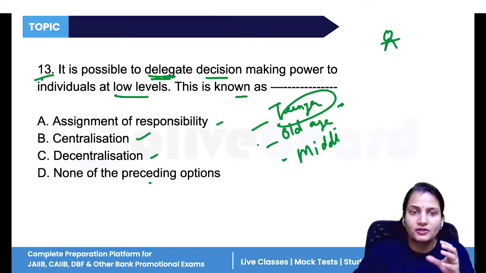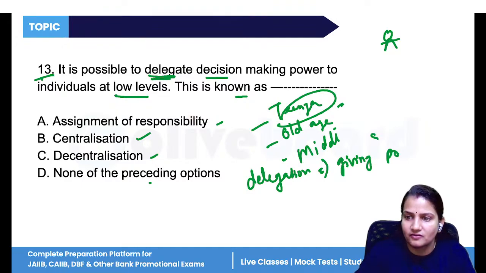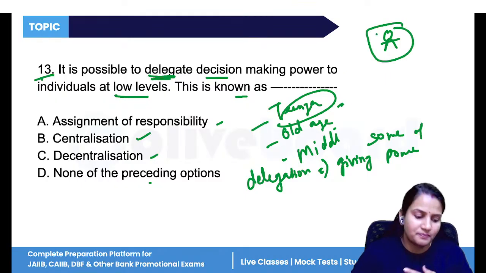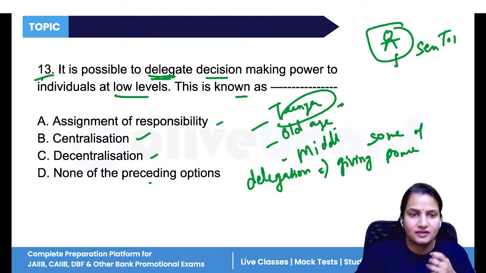Now, you should know the meaning of delegation. Delegation means giving powers, giving some of the powers, not all, some of the powers. So who is having the power? Yes, the higher authority, the senior manager, we can say the top manager is having the power.